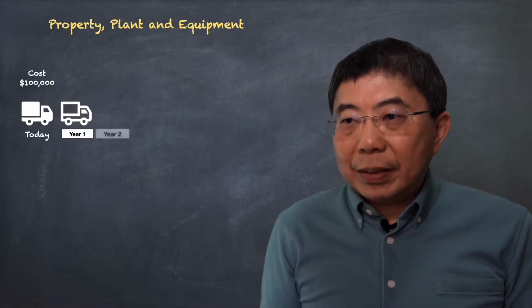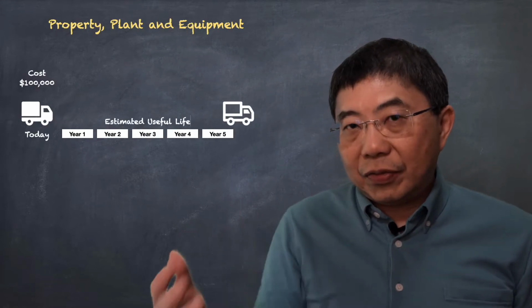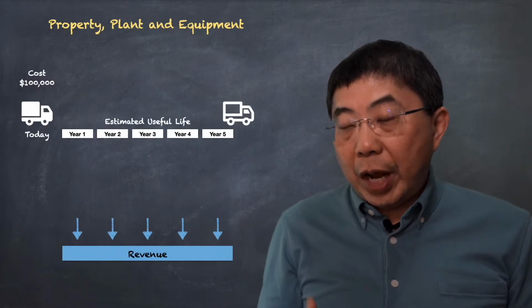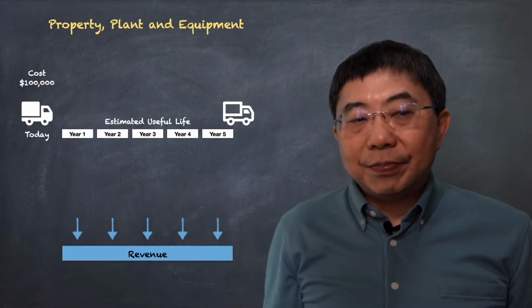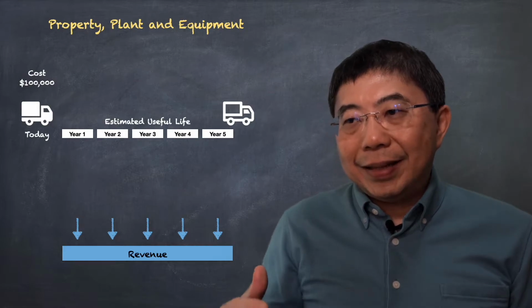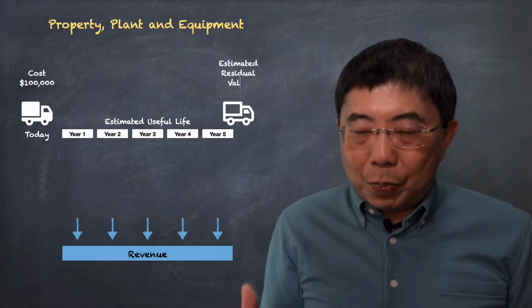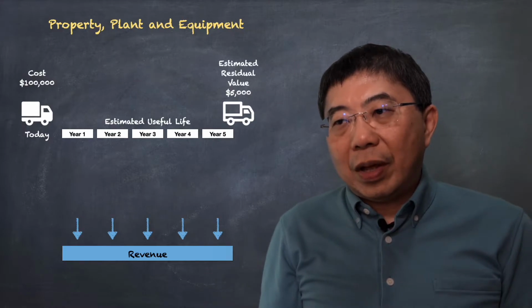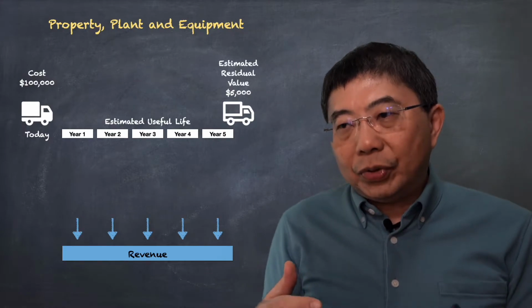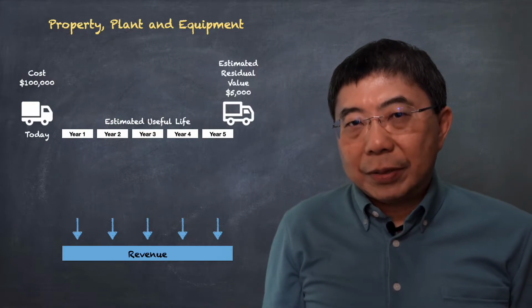And we expect that we will be able to use this truck for the next 5 years to generate revenue for the business. Now, due to its declining utility and its limited useful life, we expect that at the end of its useful life, we would probably be able to sell the truck only for about $5,000.